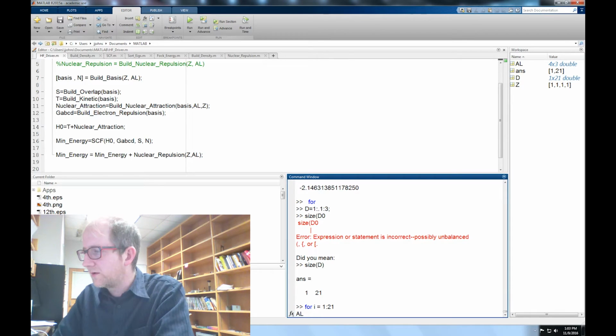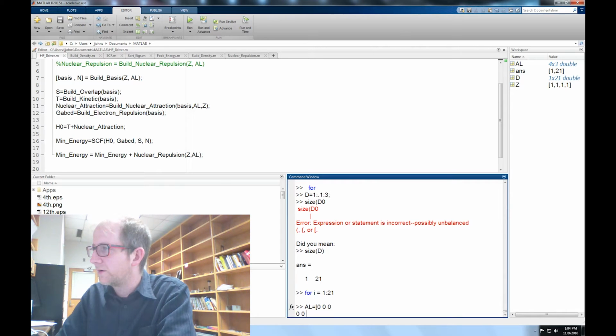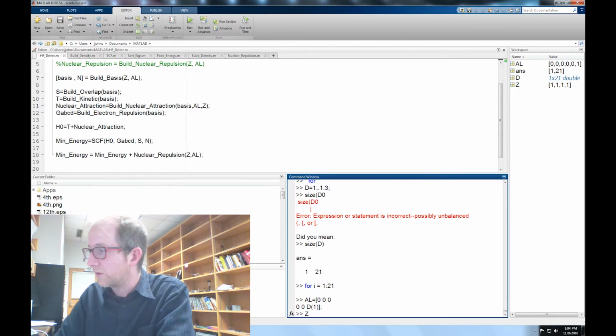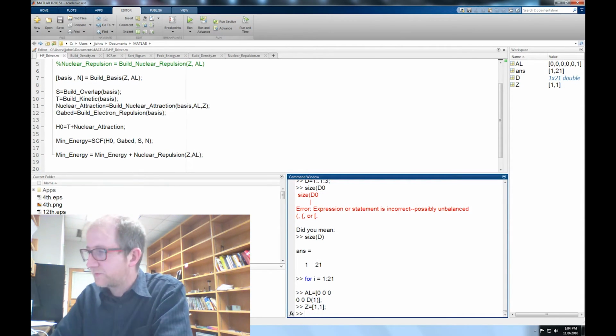AL, let's see here. Let's try this a better way. AL equal 0, 0, 0, 0, 0, D1. Okay. Z equal 1, 1. Okay. Now let's write a for loop for I equal 1 to 21.